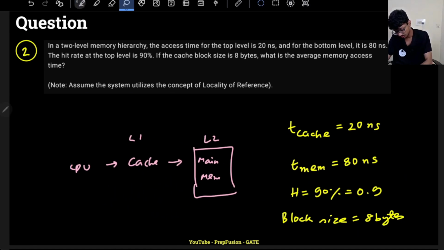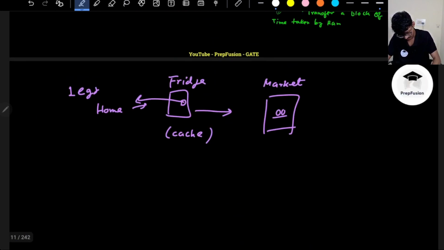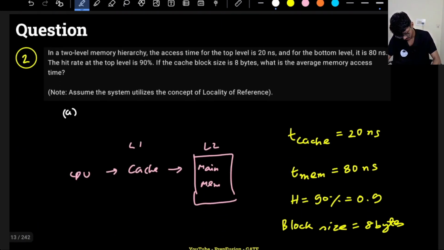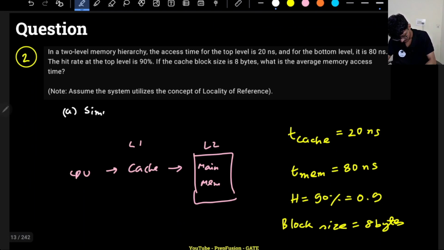Let me add in two points for a: the first one, simultaneous access, and the second, hierarchical access.